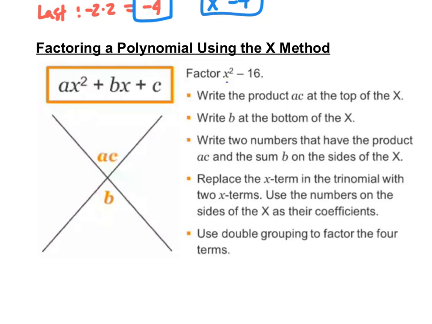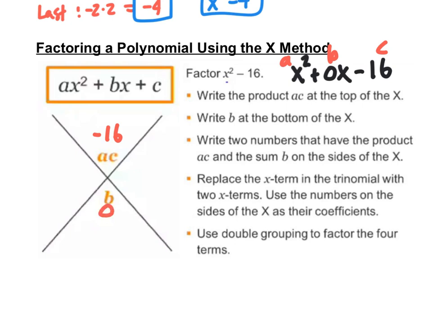So if I rewrite this as x squared plus 0x minus 16, okay, then we get this polynomial where we can identify our a value, our b value, and our c value. Okay, so then if we take a times c, that's just going to give us negative 16, and then our b value is 0, all right?